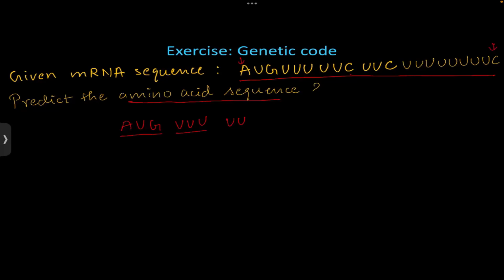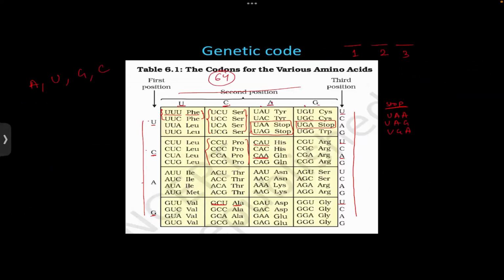We have to start reading the sequence for making the amino acid sequence from the AUG end. So I'm just breaking down the entire sequence in the form of 3 nucleotides at a time. In this way, here also I'm breaking like this. So suppose I have done it. Now you have to look at this particular table and see which of these codons codes for which kind of amino acid.